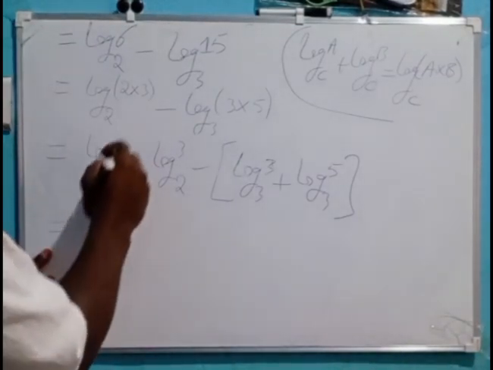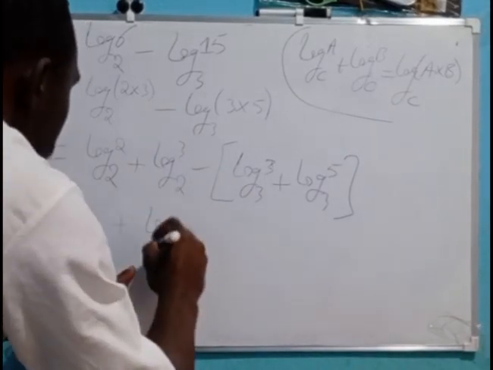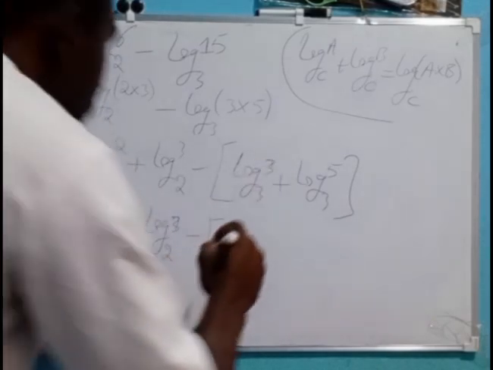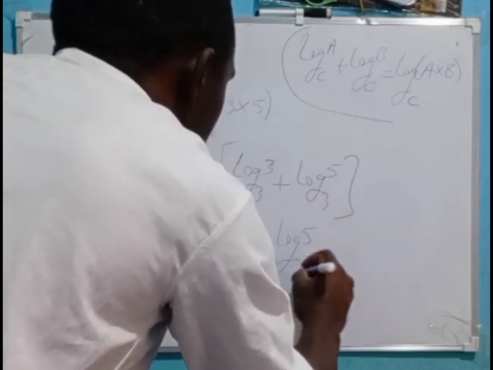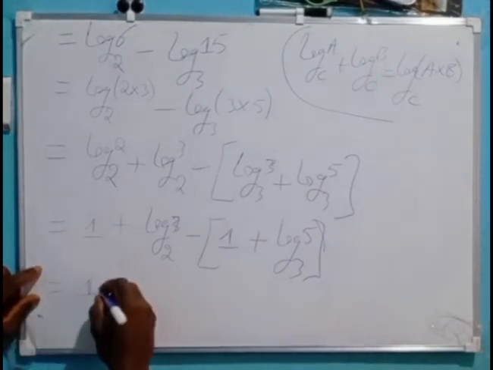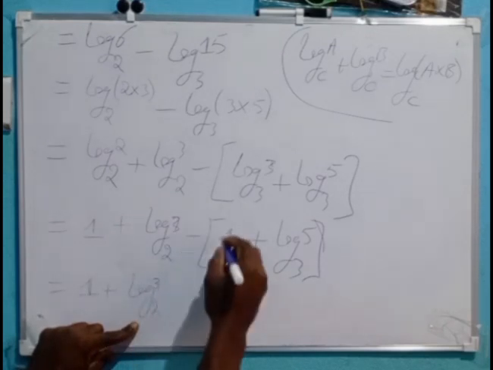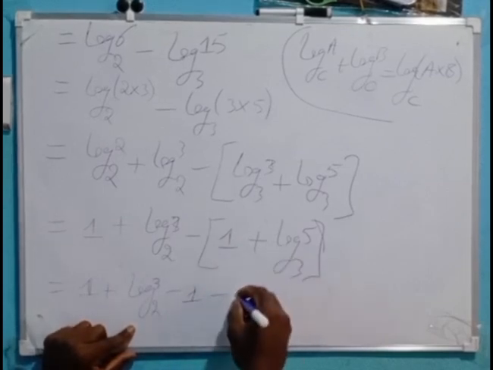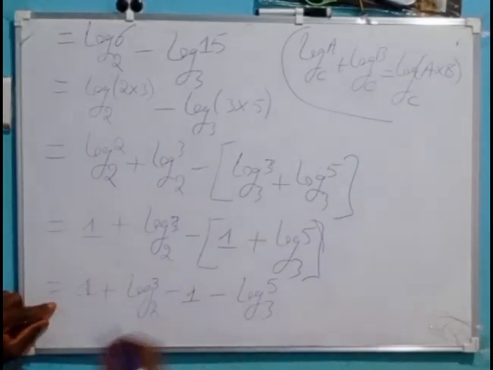This will simply be equal to log 2 base 2 gives us 1, plus log 3 base 2, minus log 3 base 3 gives us 1, plus log 5 base 3. This will be equal to 1 plus log 3 base 2. We multiply all this by negative 1: minus 1 minus log 5 base 3. 1 minus 1 gives us 0.